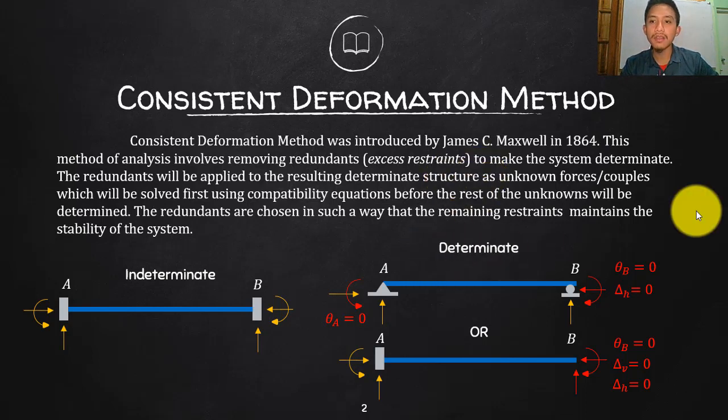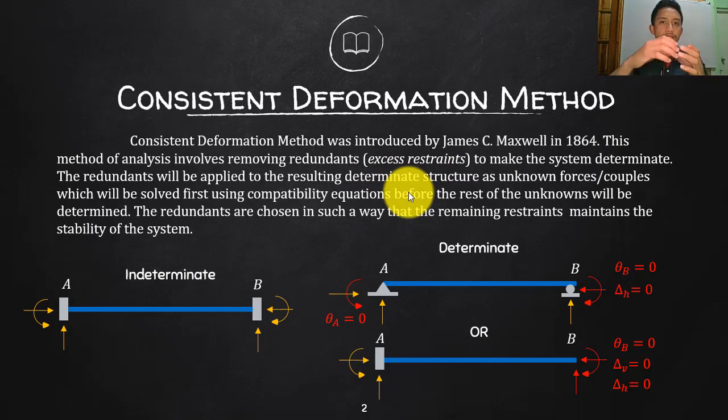And then of course, we will create compatibility equations. So if we say compatibility equations, these are equations that will be formed based on your deformations. Okay, so coming from deformations. We will create a number of compatibility equations that is the same as the number of redundants that we removed. If, let's say, we remove two redundants, then we need to formulate two compatibility equations.